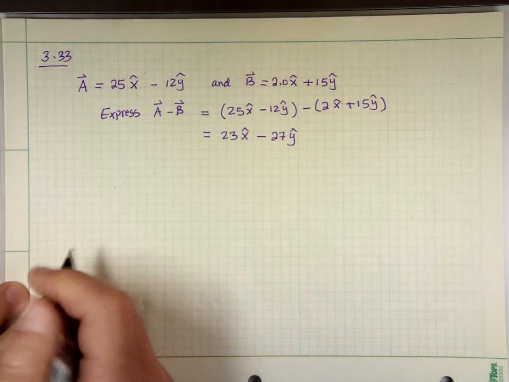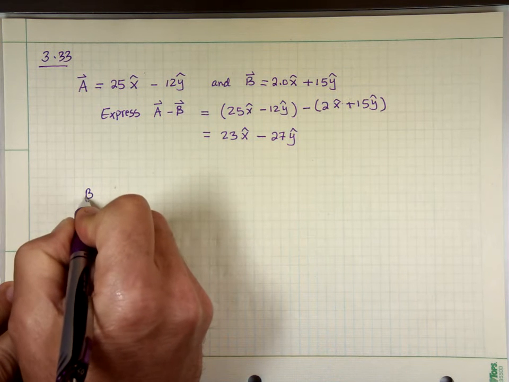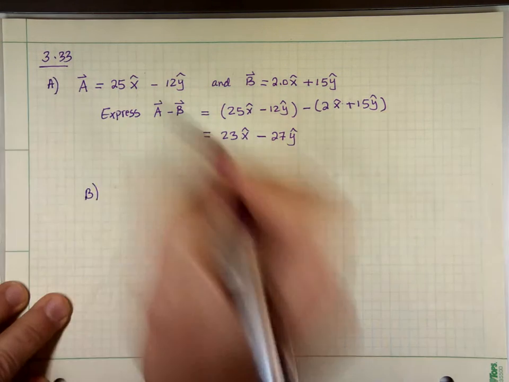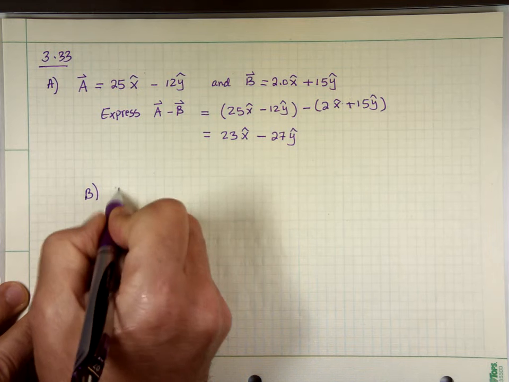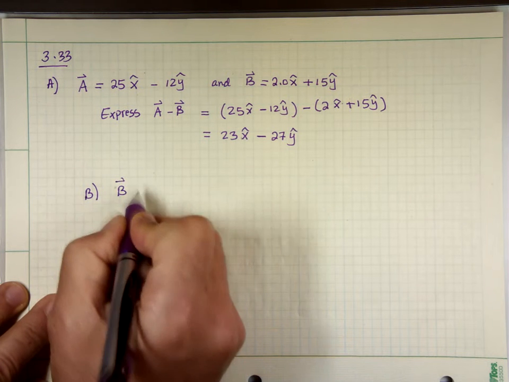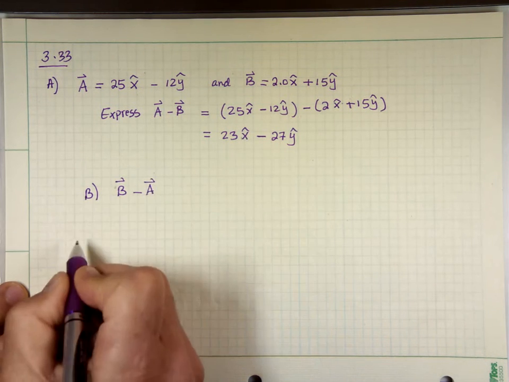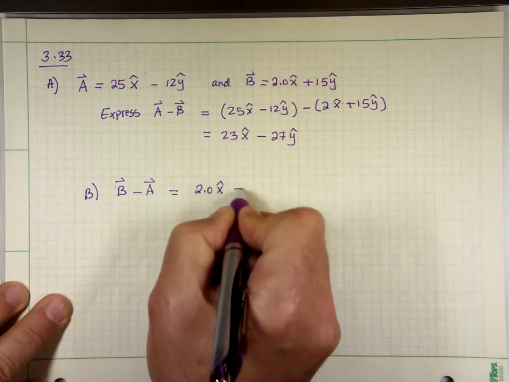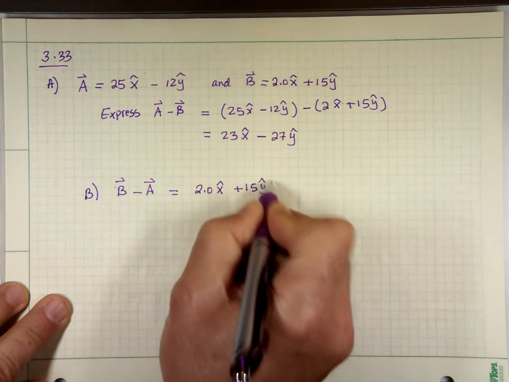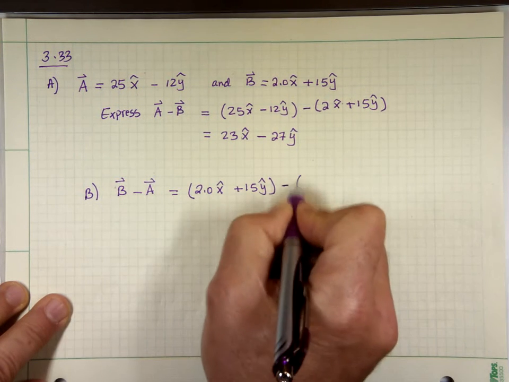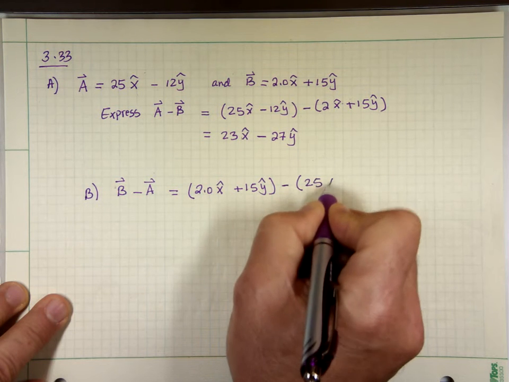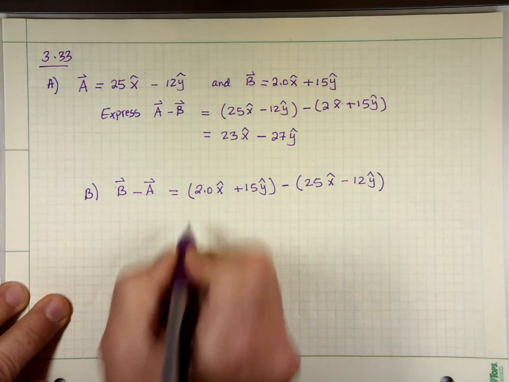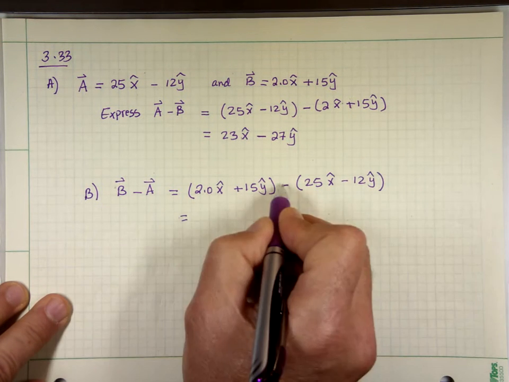The next one, part B. This is part A. Part B is, what is B minus A? B is what? 2x plus 15y. And you're going to subtract from it A, which is what? 25x minus 12y. 2 minus 25 is what?